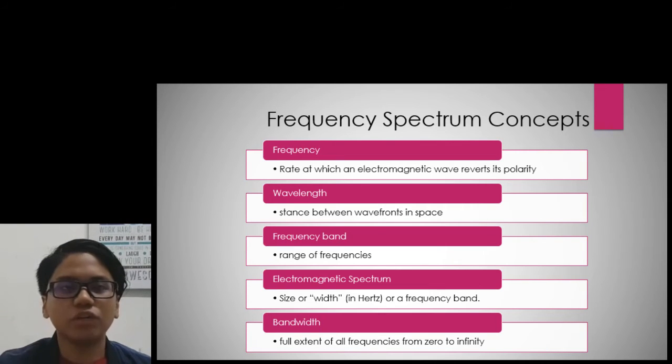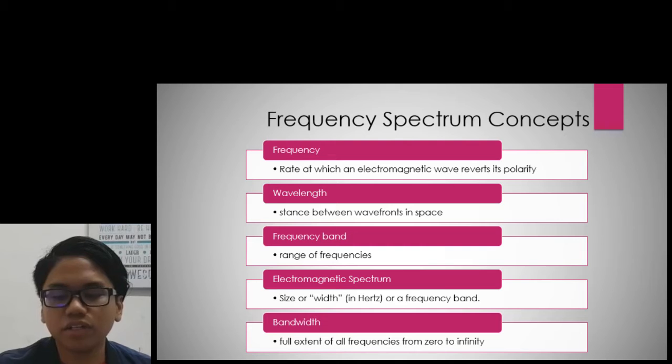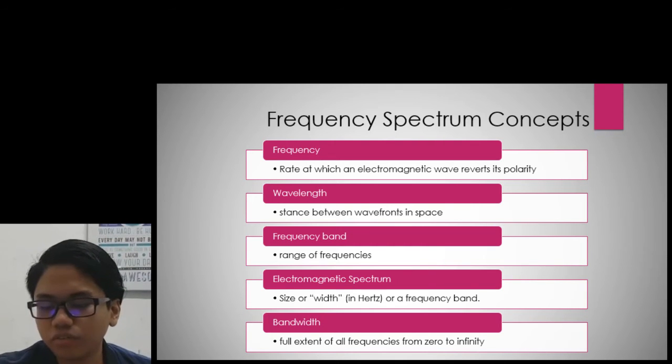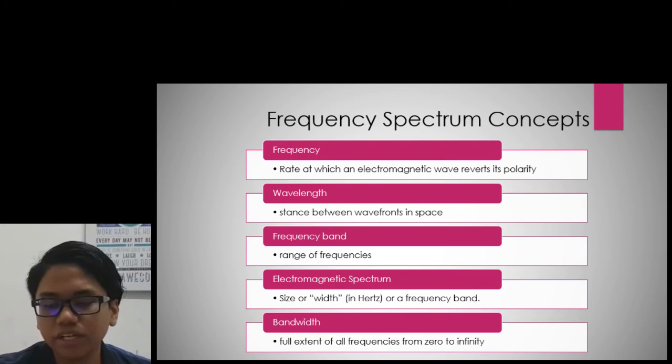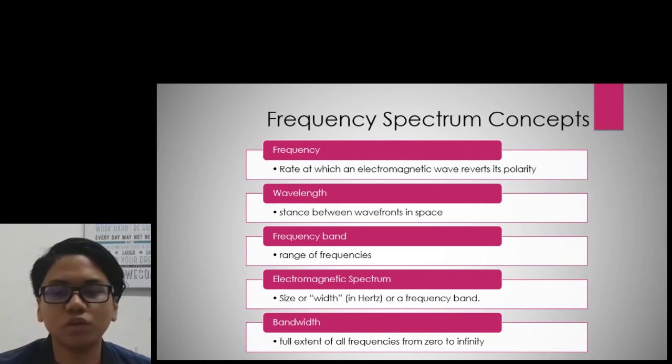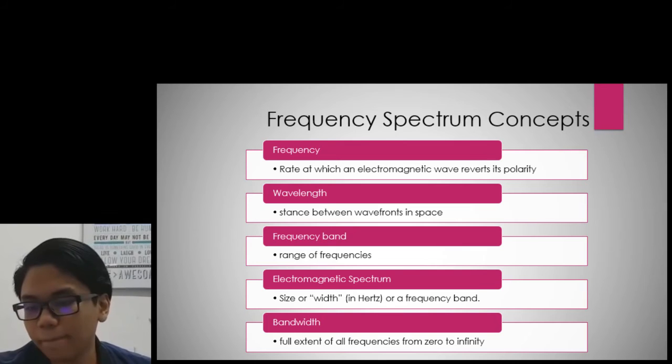The third one is frequency band, the range of frequencies. The fourth one is electromagnetic spectrum, the size or width in hertz of a frequency band. The last one is bandwidth, the full extent of all frequencies from 0 to infinity.